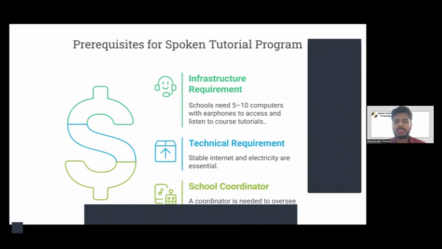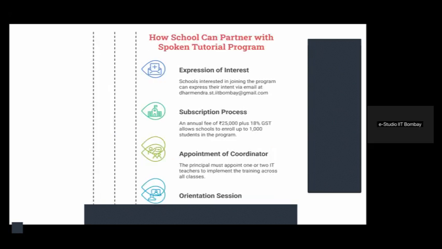Other than that, the 2 or 3 months of training can be done in offline mode without any internet connection. And the school needs to appoint a coordinator, preferably an IT teacher or a person who knows computers. The coordinator will oversee the program, work closely with our spoken tutorial team, and ensure everything is running smoothly. That's it. With the basic requirements, any school can easily implement the spoken tutorial program and provide valuable IT skills to their students.